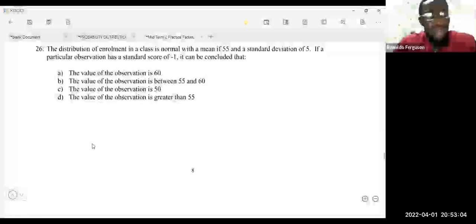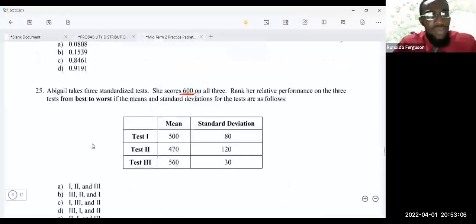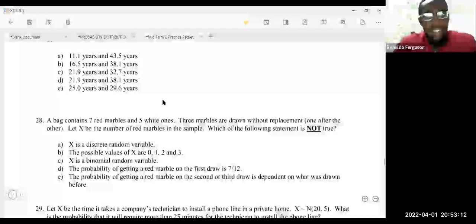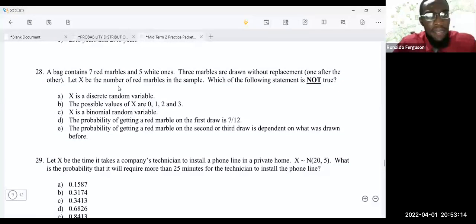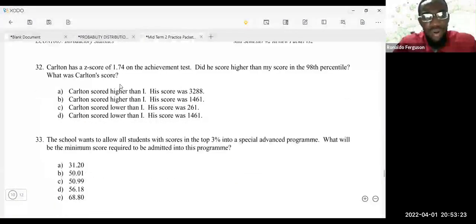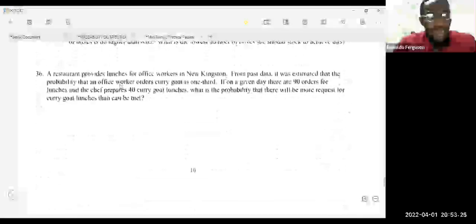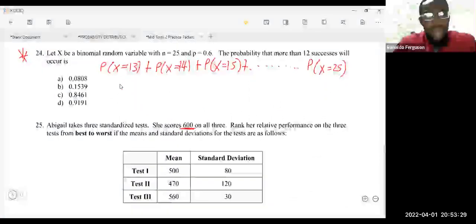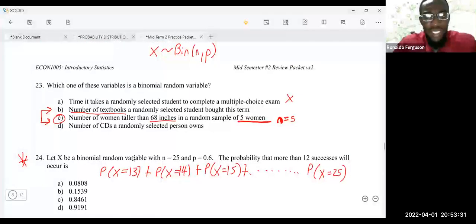Oh, so it's only 2 binomial. That's so awful. Pretty much only 2 binomial. That is so poor.